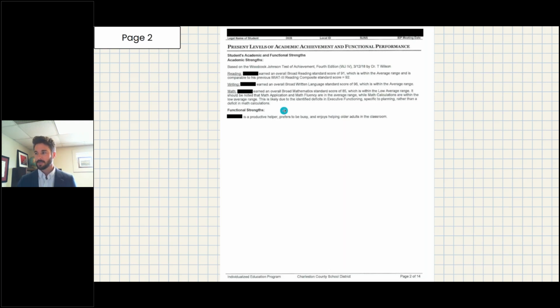The reading is average, writing is average, math is low average. So maybe I'd expect more information in the IEP on this, especially if we want a goal related to math.